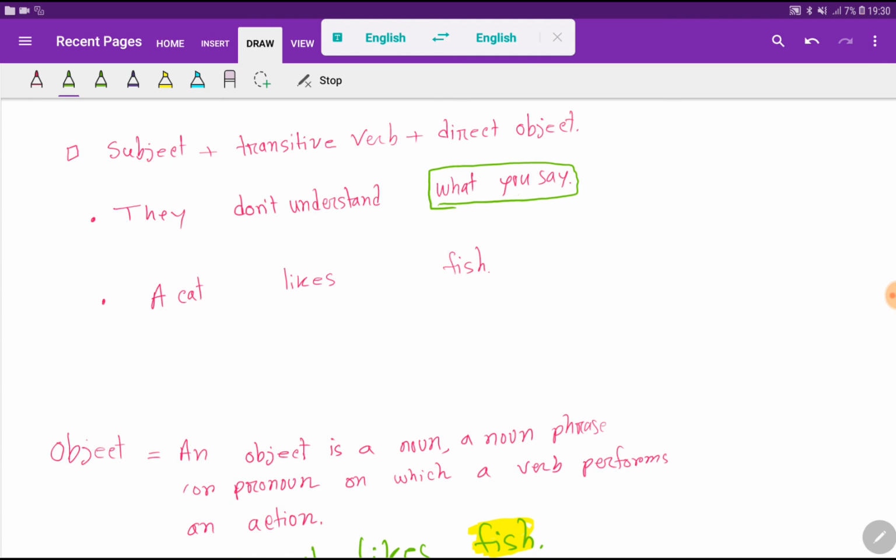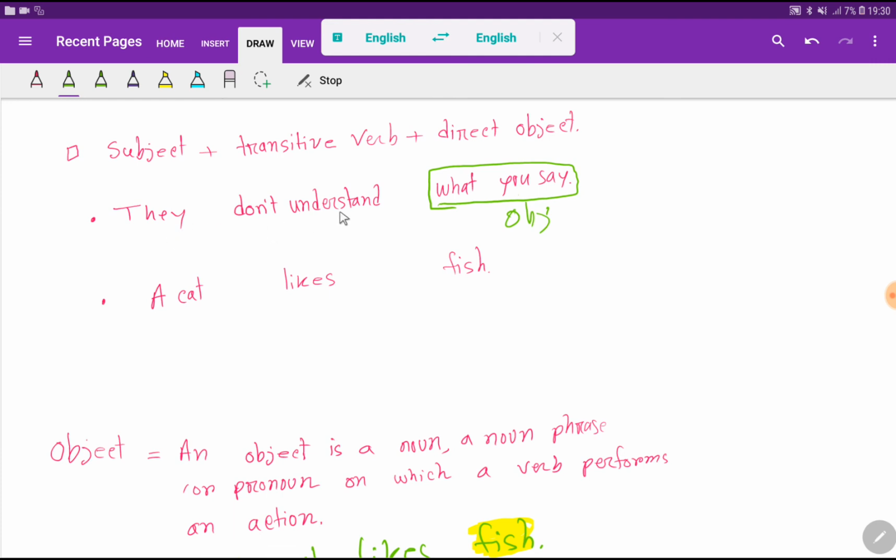Okay, so this is the object. What you say, this subordinate clause is functioning here as an object, right? We'll tell you about this in simple and complex sentences. We'll tell about this subordinate clause in complex sentences, right?